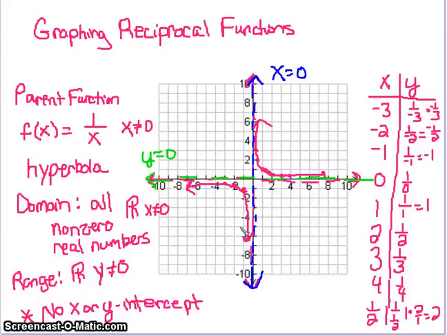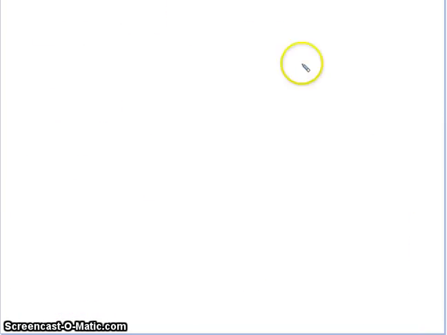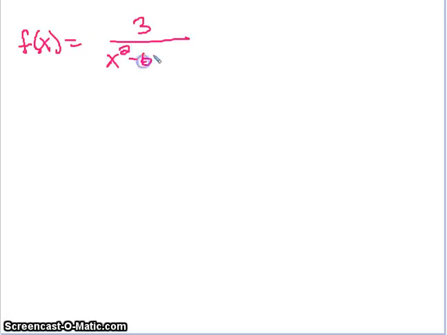Now there are lots of different reciprocal functions that we're going to look at. If we want to look at f of x equals 3 over x squared minus 6x plus 5, we can ask ourselves, where is this function not defined?